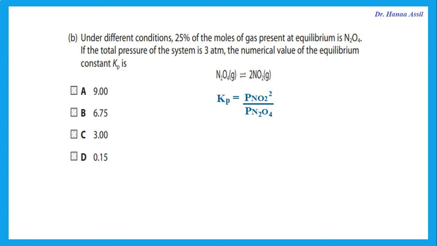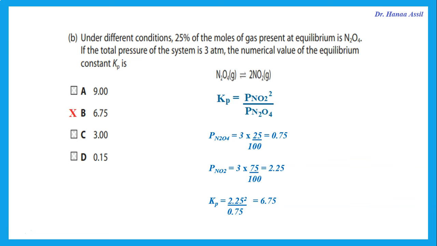Now, we are being told that 25% of the moles of the gas is N2O4. And that means the partial pressure of N2O4, if the total is 3, is 3 times 25 over 100, and the partial pressure of NO2 is 3 times 75 over 100, and that means the value for Kp, when we put these values into the expression for Kp, comes out to 6.75.